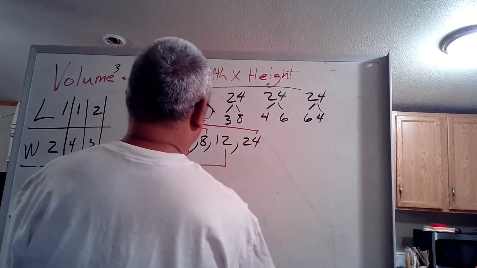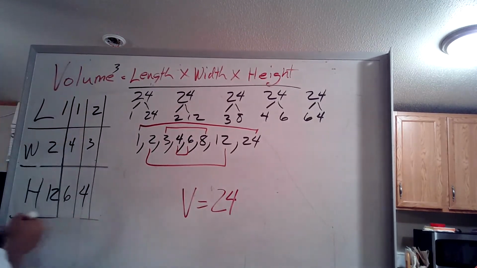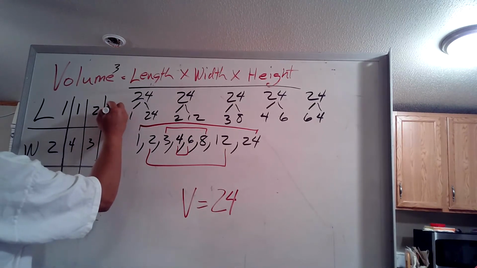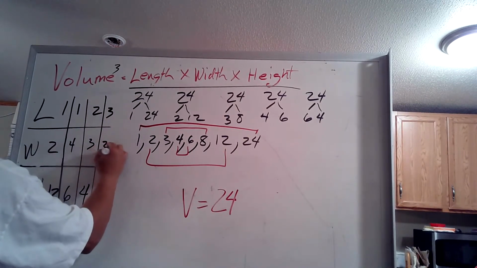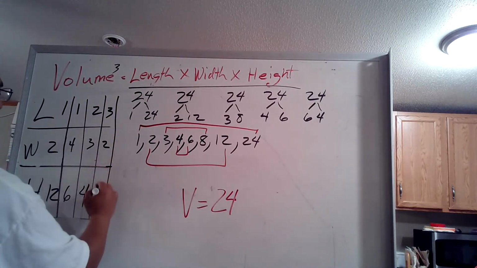V equal 24. Alright, so I was using ones, I used a 2, I could use a 3 because I could say 3 times 2 is 6 and 6 times 4 is 24.